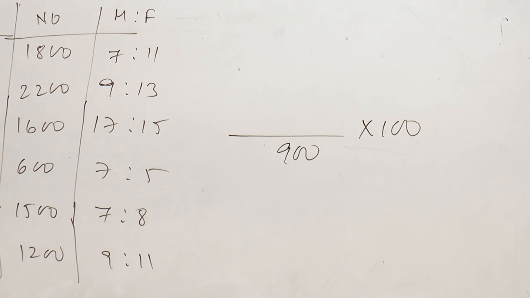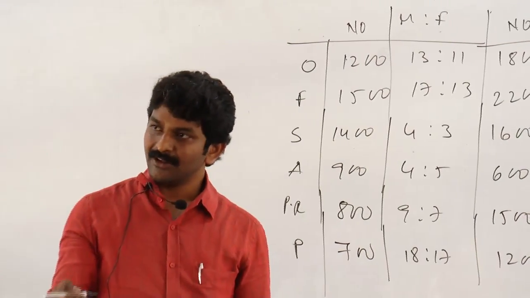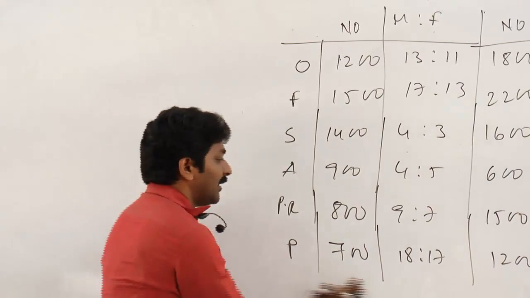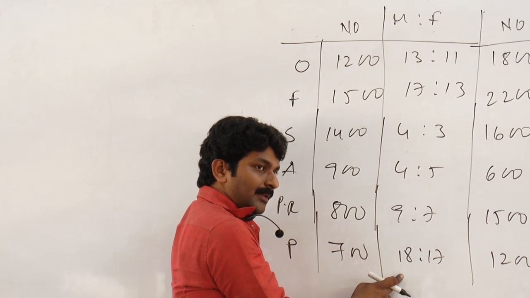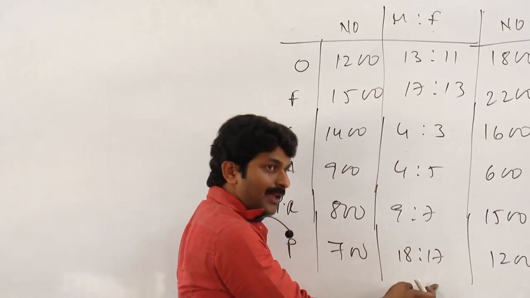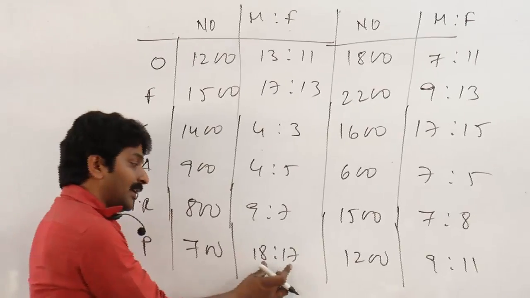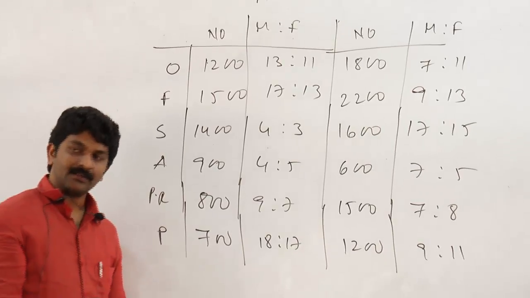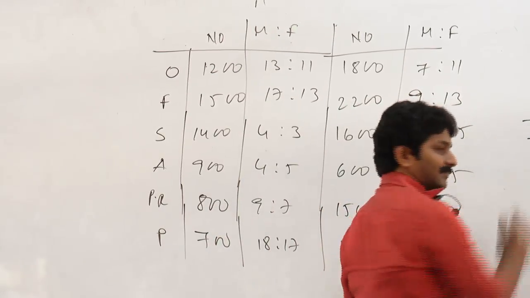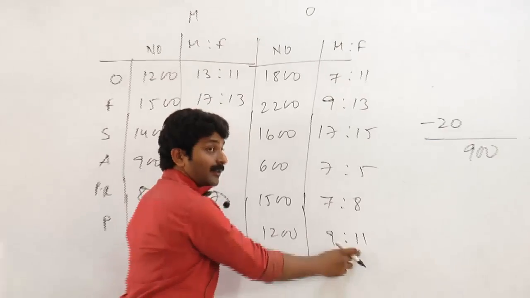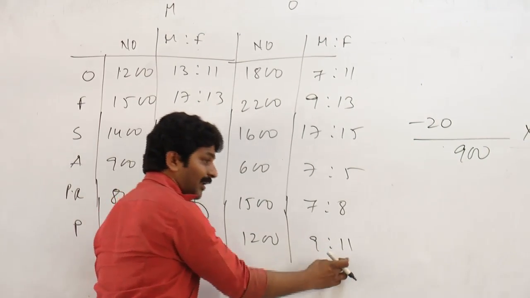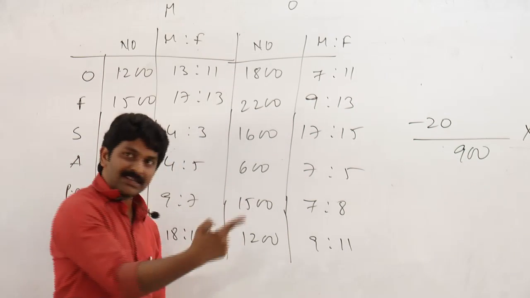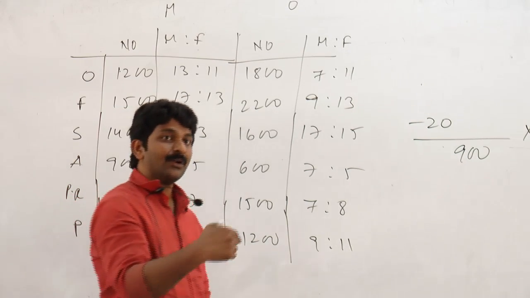Now, what exactly is your question? Female are what percent more? Here, in managers, male people are more than female people. In the sense, female are less than male. How many parts? Here, 1 part is equal to 20, right? So, female are 20 less here. Here, female are more than male. By how many parts? Here, 1 part is 60, right? 2 parts in the sense, 120.